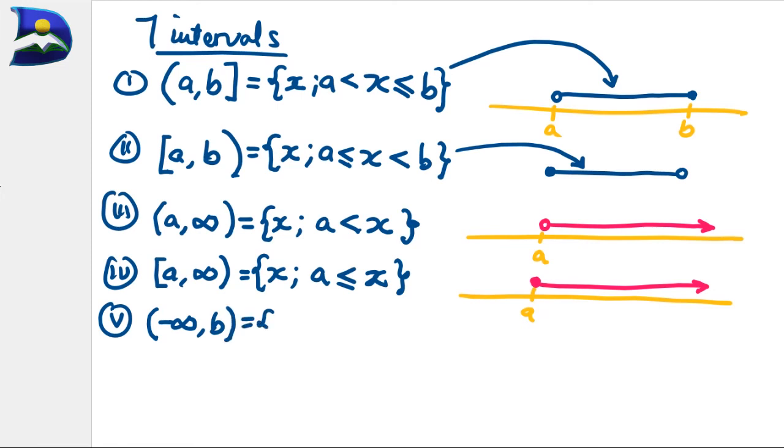From our case 3 and 4, you should be able to figure this out, where x is all numbers less than b. And so when you draw this, you should be able to illustrate it without me actually showing you. So I guess you guys are going to beat me to this one.